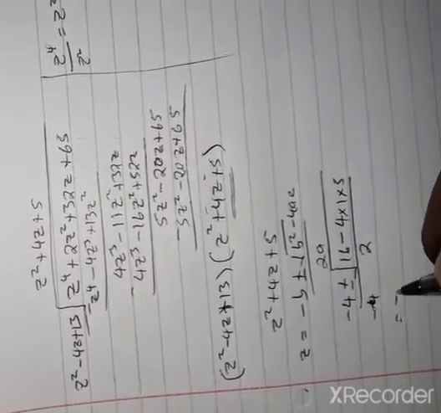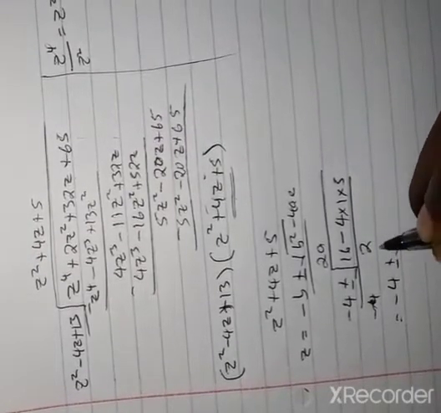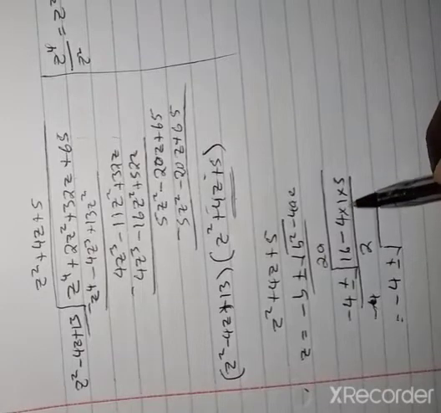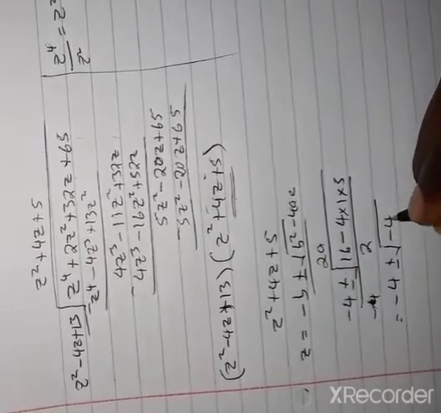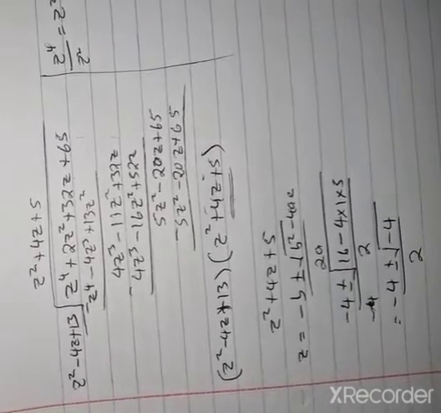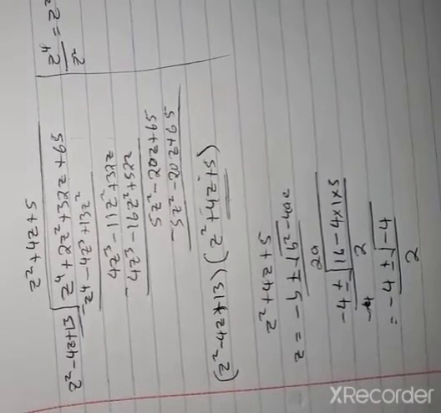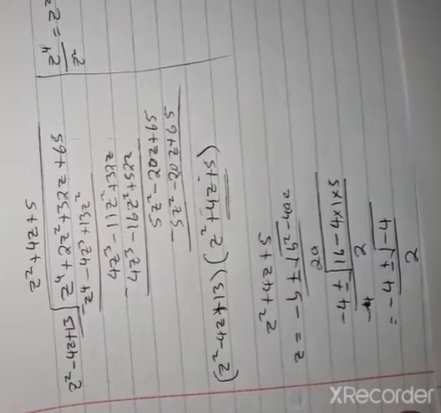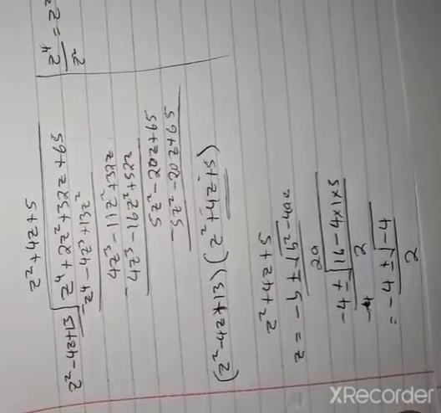So this gives me negative 4 plus or minus the square root of 16 minus 20, which is negative 4, over 2.